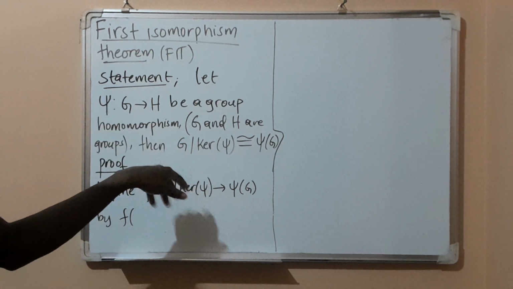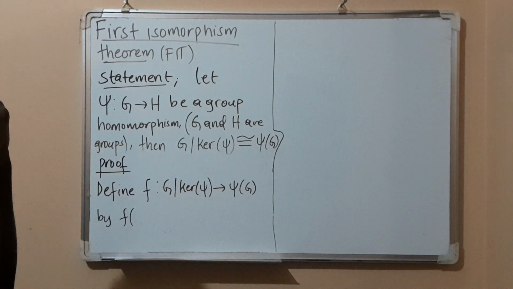How do we represent elements within this factor group?